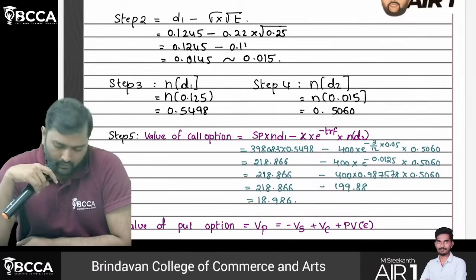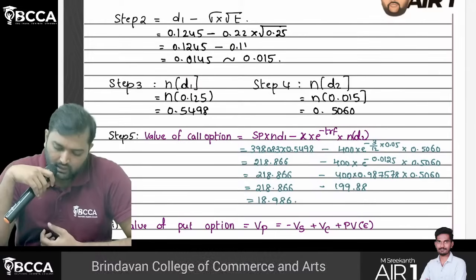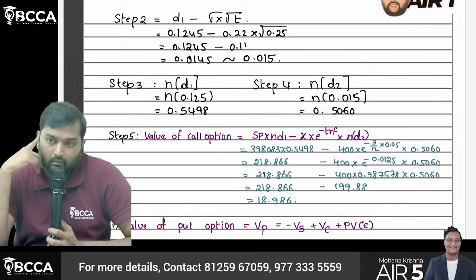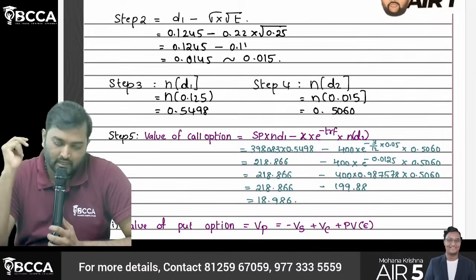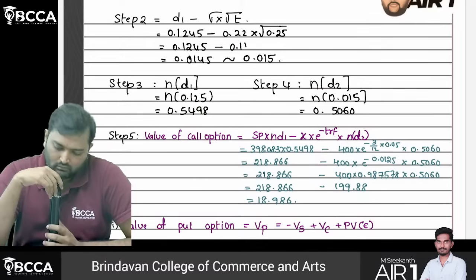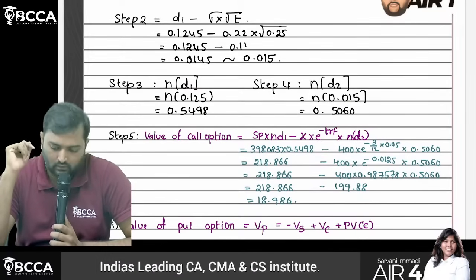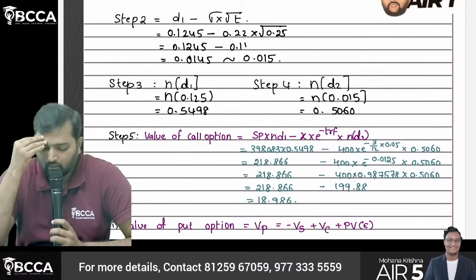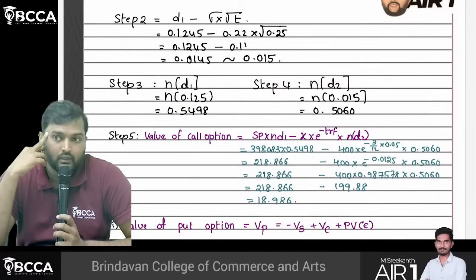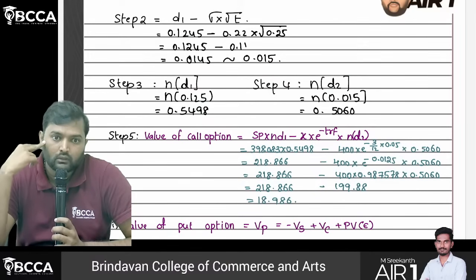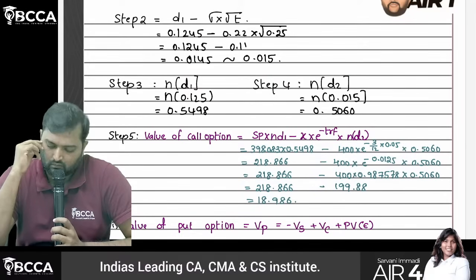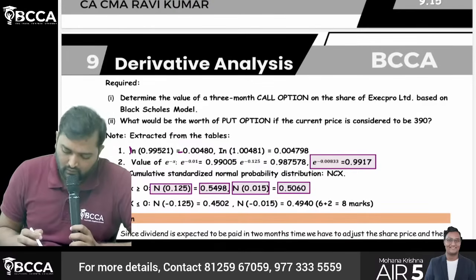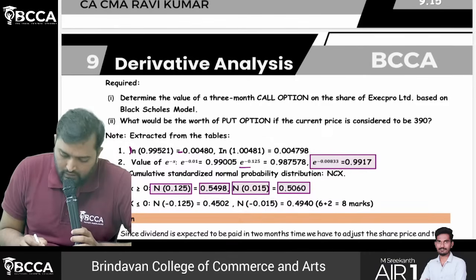Clear? So spot price 398.08 into 0.5498, minus X 400 into e power minus 3 by 12 into 0.05, into 0.5060. ND1 values, ND2 values are taken from the question itself. E power minus 0.0125 is also given in the question.